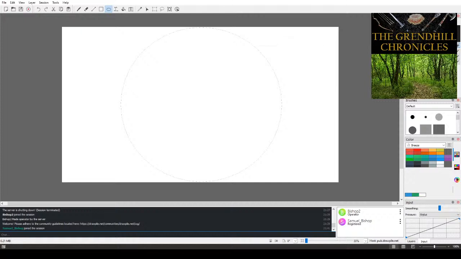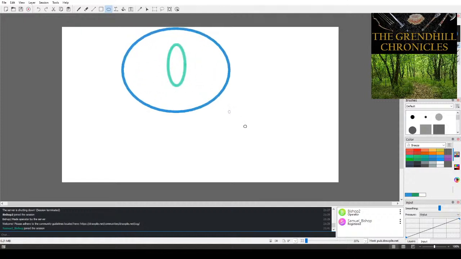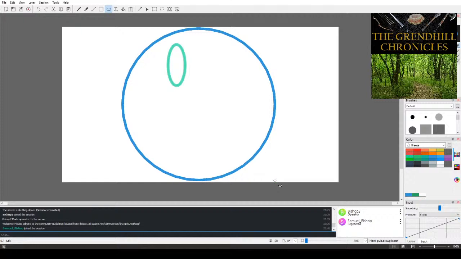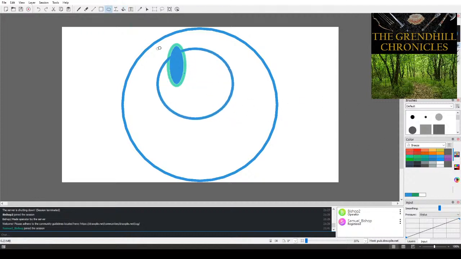So the size, I guess I should stop. I should try my own. Oh no, it's all right. We'll keep doing this until we get a filled in blue circle. Okay. So there's a way to fill it in.